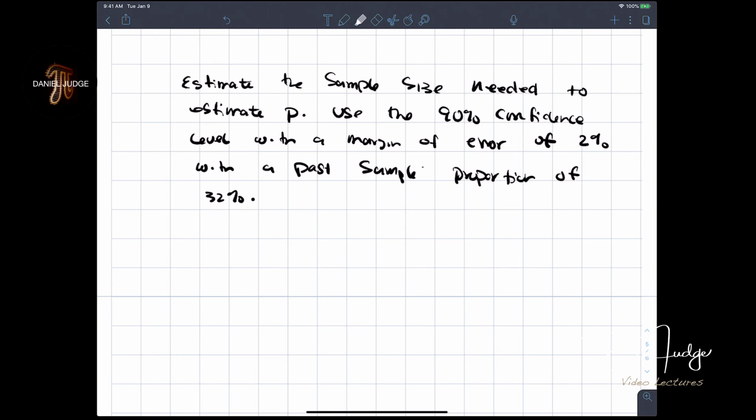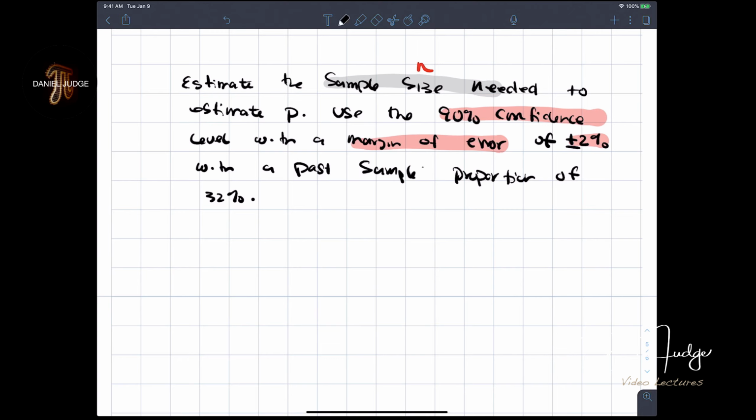So you're going to estimate the sample size again. Sample size needed, that's n. Okay, what did they give me? Well, they gave me a 90% confidence level. But let's make sure we first write down the right formula. What else did they give me? A margin of error of plus or minus 2%. Let's put that there in case you guys want to see that.